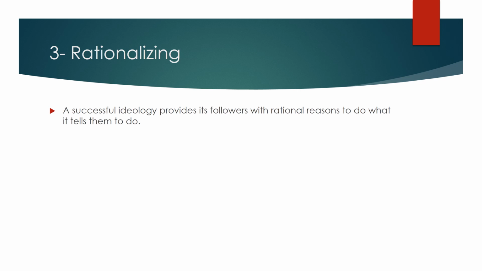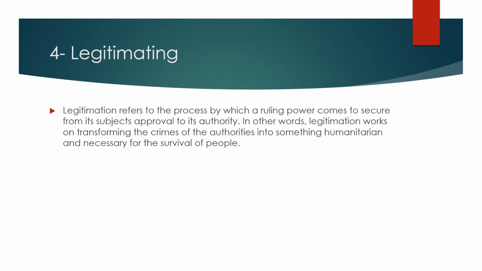It's really amazing, because bad religions and bad ideologies always try to rationalize bad things, okay? So as you will see in the novel, people are convinced to punish the girl because punishing is so rationalizing to them. Number four, legitimating.